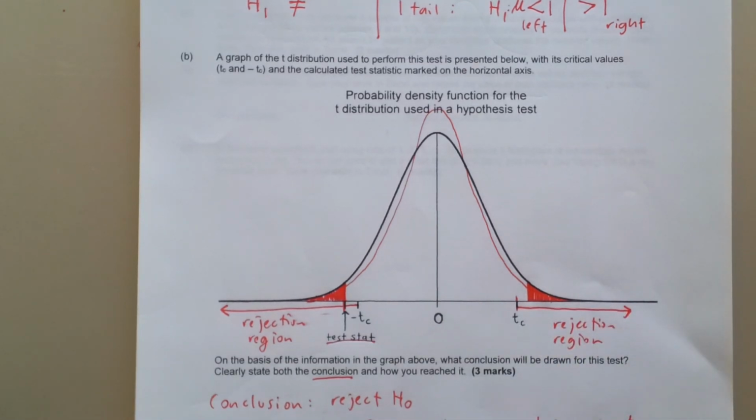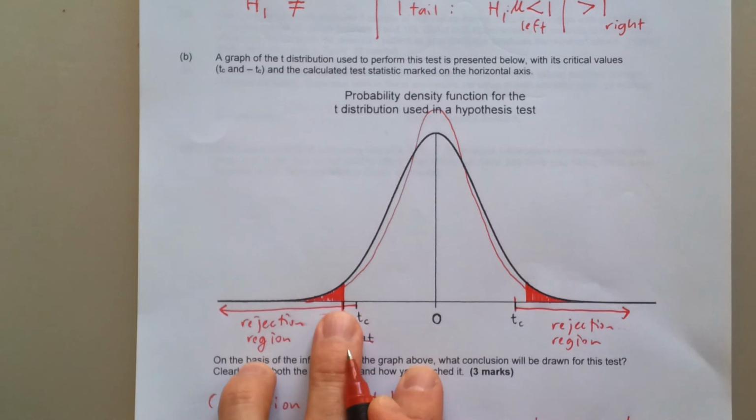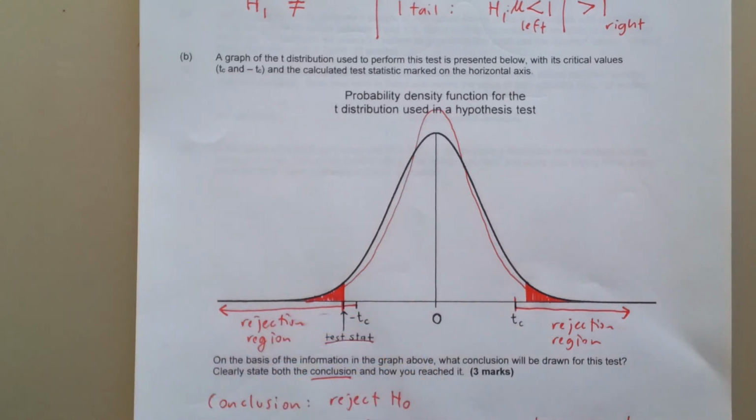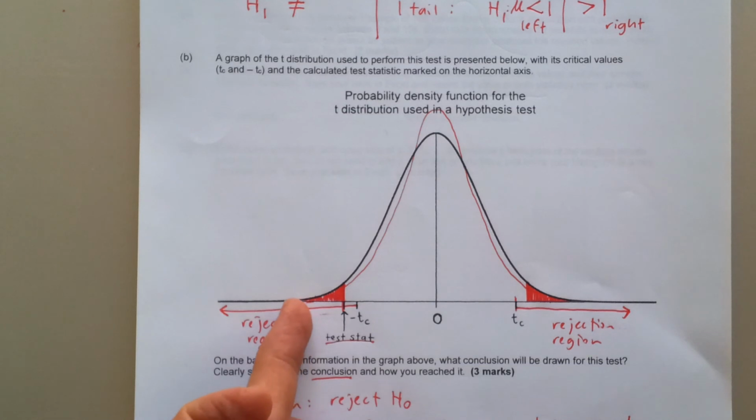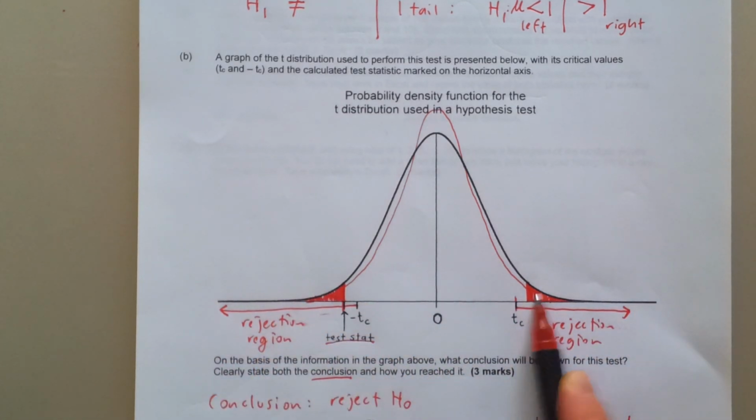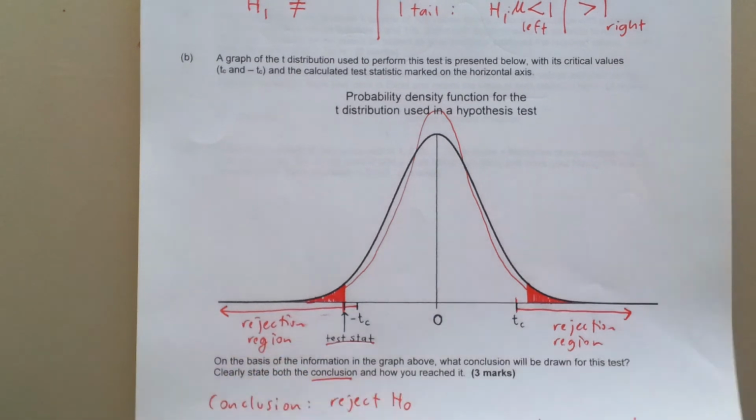So for a two-tailed test, the area represents the probability of getting less than our test statistic, given that we're in the left tail, and then because it's a two-tailed test, you have to double that by setting up a corresponding region in the right-hand tail. And that's a brief answer to question 5.